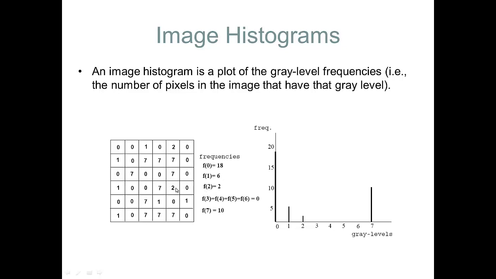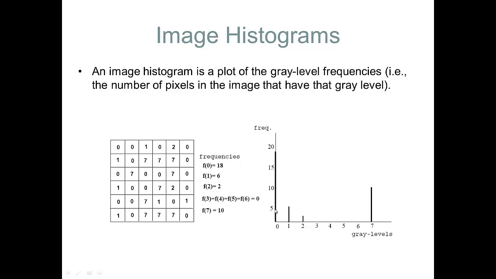Also, how many 2s are here? You count one 2, two 2s. So f2 equal to 2. For 3, 4, 5, 6, that's 0. Then f7 equal to 10. That means there are 10 sevens in this image. So you get the frequency of these pixel values.